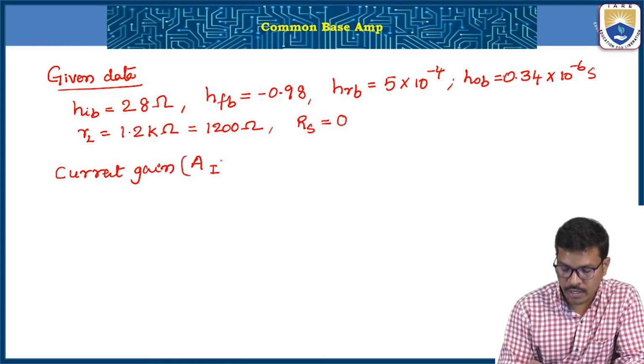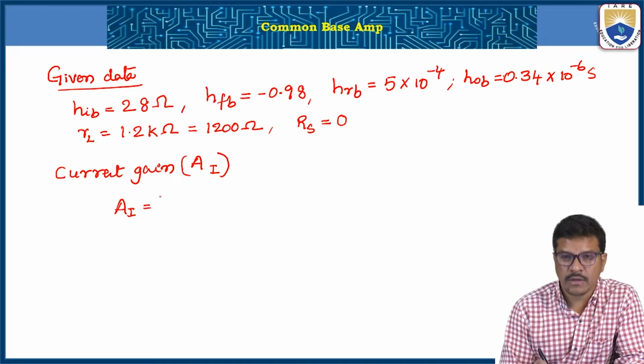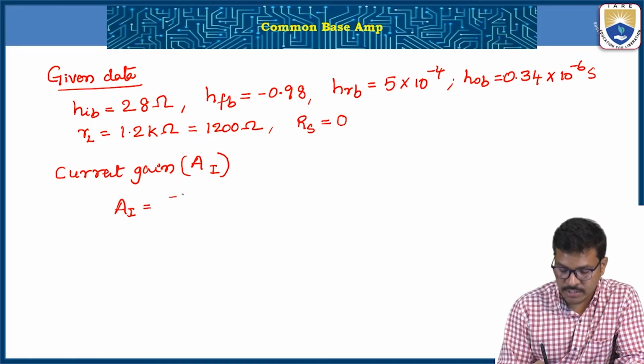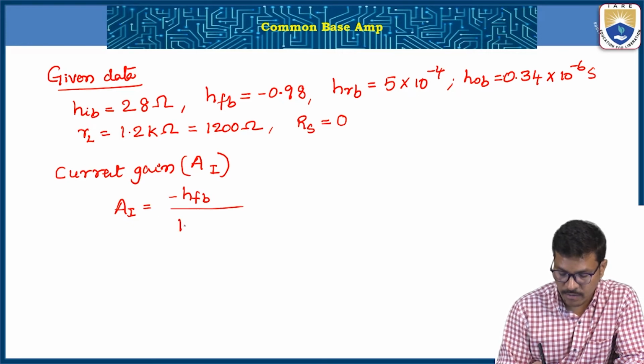We use the direct formulas. AI is equal to minus HFB by 1 plus HOB into RL.